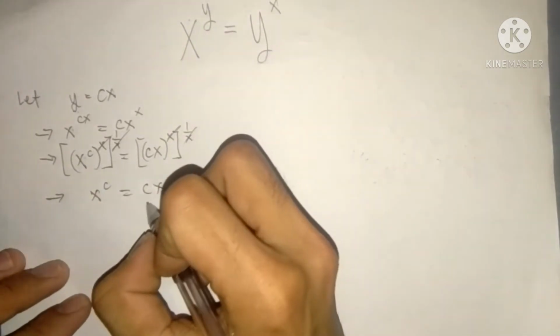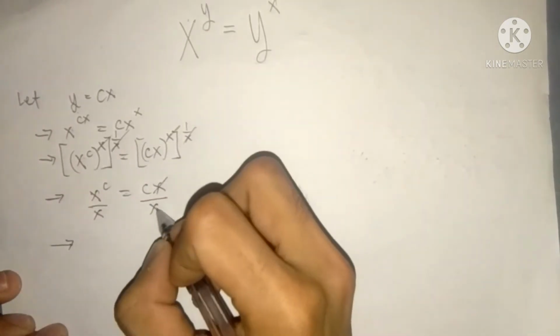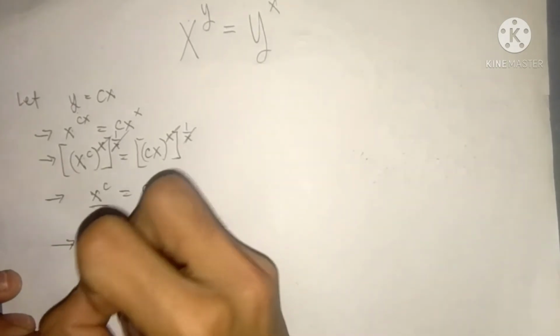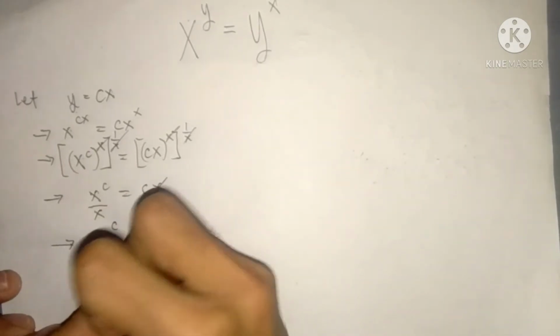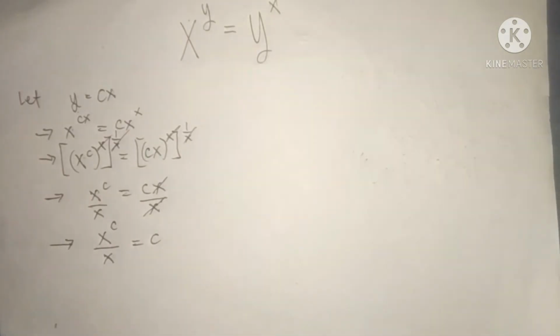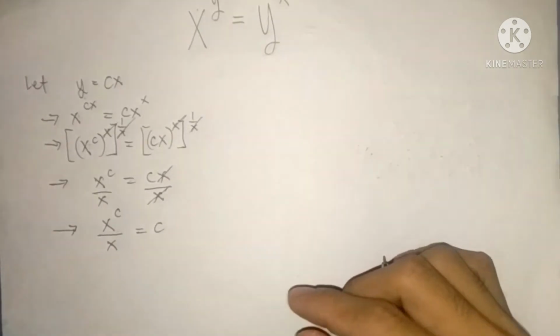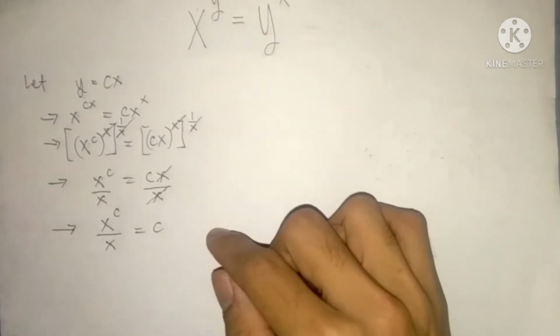Ngayon is i-divide natin both side by x. So, divide out x, leaving behind x raised to c divided by x is equal to c. So, ang goal natin dito is mahanap yung value ng x in terms of c, in terms of that number.